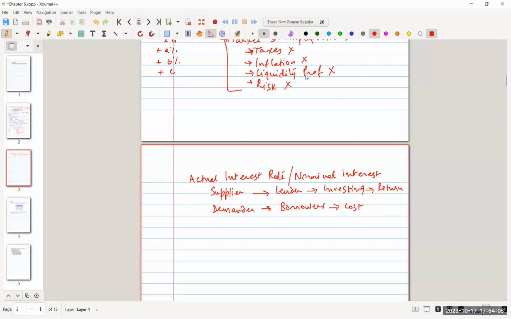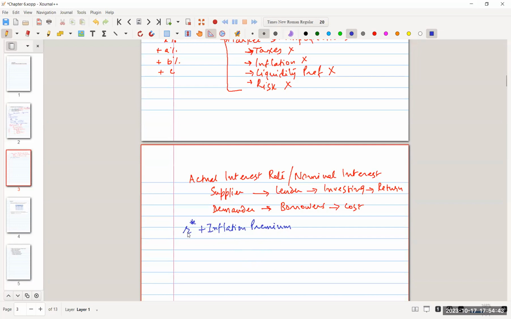Let's change to blue and write this real interest rate here again, once we include the following distortions. One, if I add, let's say, an inflation premium, because I demand some compensation for the fact that money keeps losing value over time.